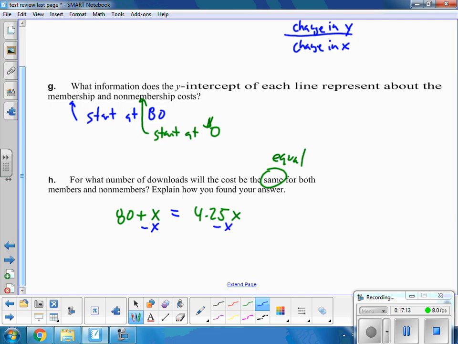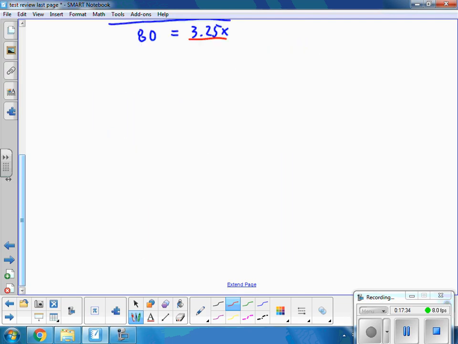I'm going to subtract one x from both sides, and I end up with 80 equals, so I had 4.25 x's and I took one whole one away, so I'm down to 3.25 x's. I look at the side with the variable and I see I'm multiplying by 3.25, so I'm going to divide by 3.25.